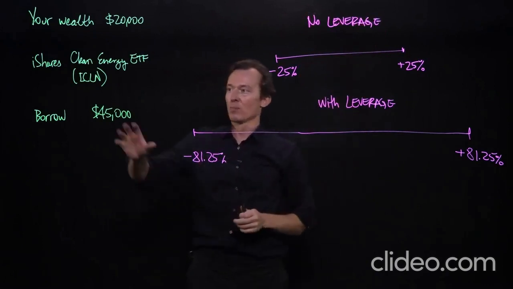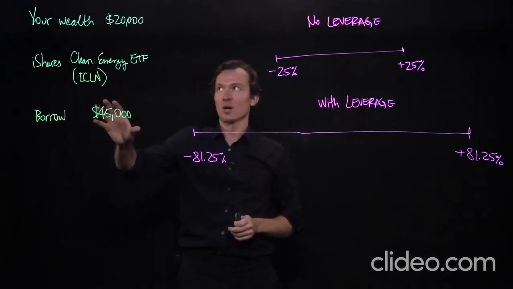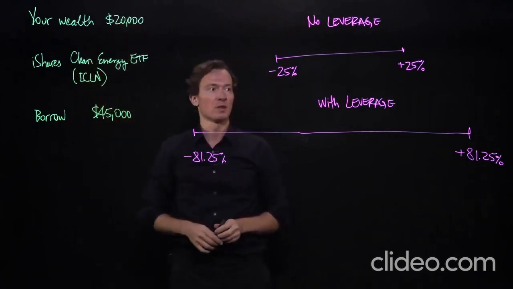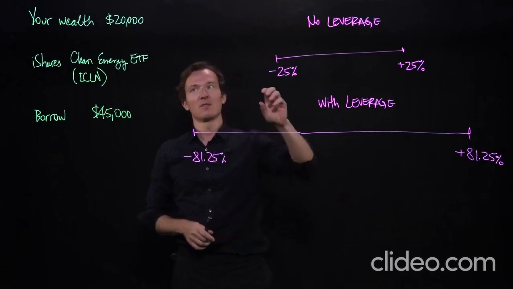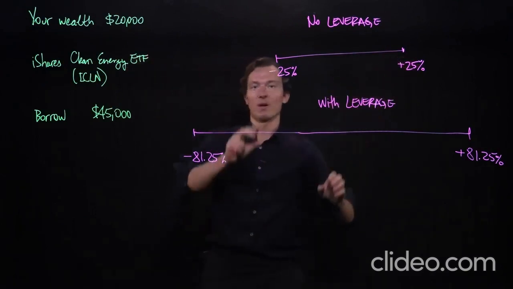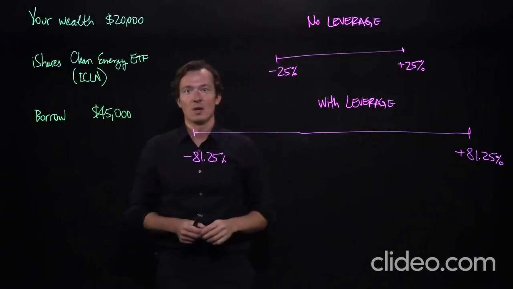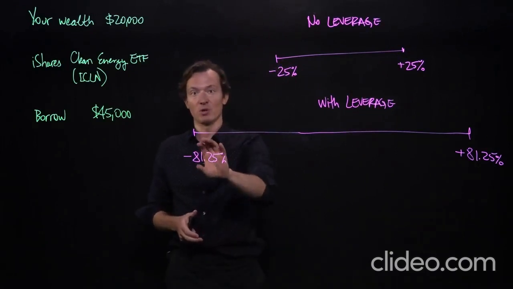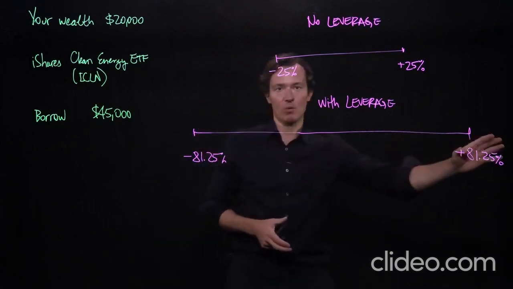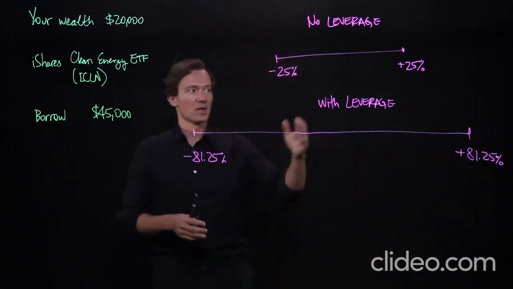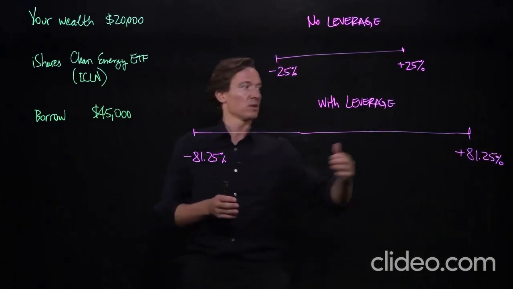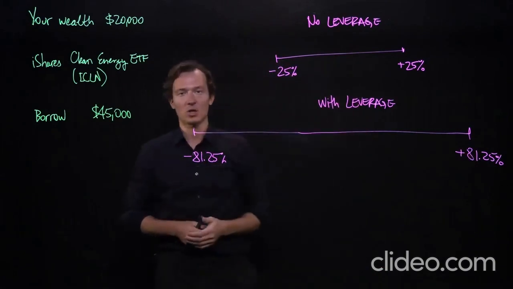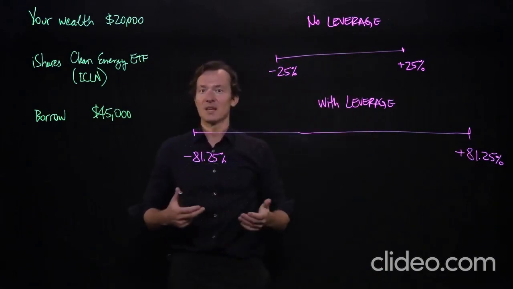With leverage, if we borrowed $45,000 and invested the entire $65,000 into this ETF, then if the value of the ETF either increased by 25% or decreased by 25%, our net investment returns would have been either negative 81.25% or positive 81.25%. So leverage magnifies both gains and losses for our initial investment. And that's the idea behind leverage.